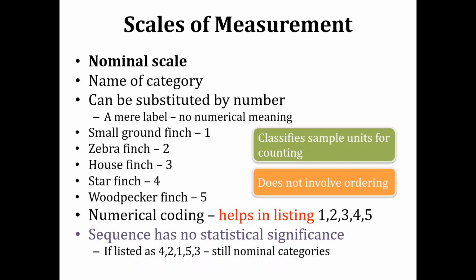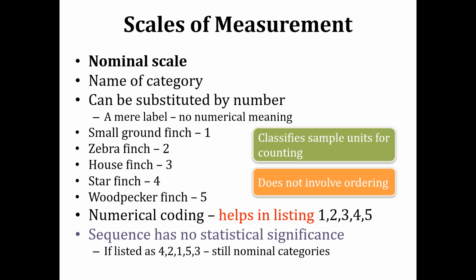What it lacks is ordering: although you classify individuals into different categories, these categories are not represented in an order. So if you arrange them as 1, 2, 3, 4, 5, or as 5, 4, 3, 2, 1, it's not going to change their meaning.